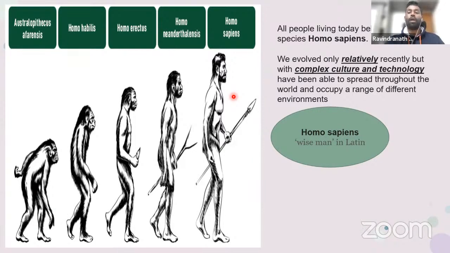If you see, we evolved only relatively recently. And the complex culture they had, they had no technology at all, 3.5 million years ago.